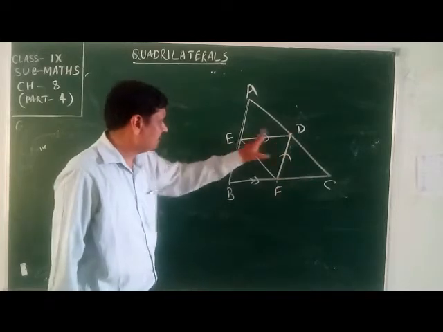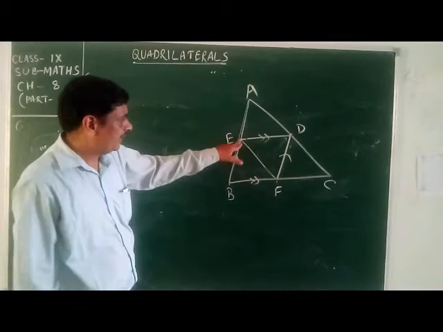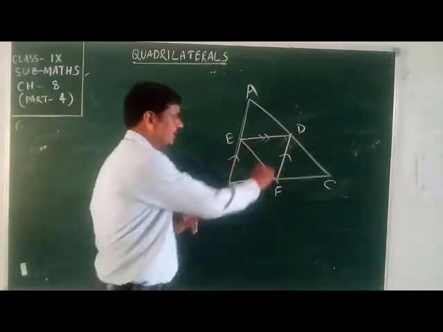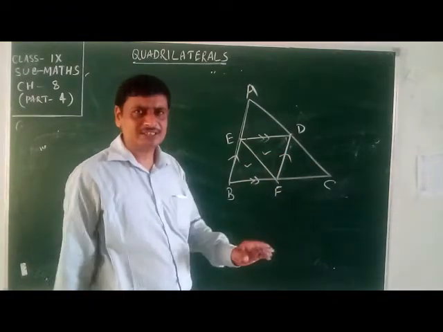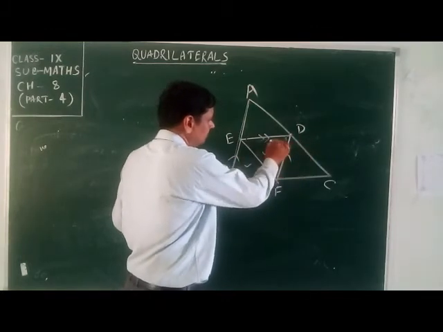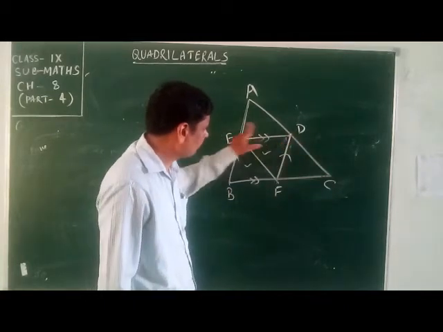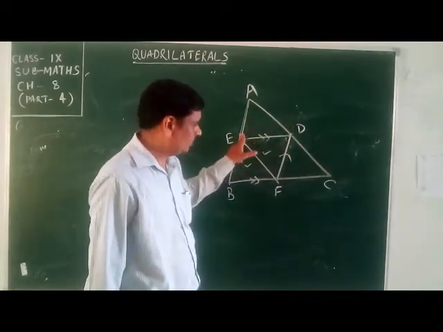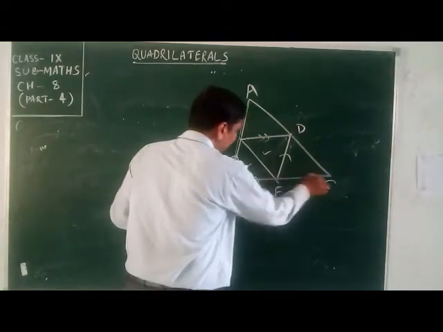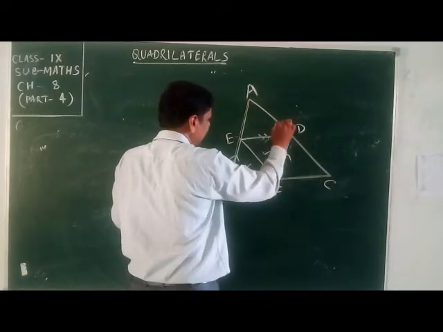Now DFCE is a parallelogram, and the diagonal of a parallelogram divides the parallelogram into two triangles, which become congruent to each other. Similarly, CDEF, this one is also a parallelogram, because these two are midpoints, it becomes parallel with AC.